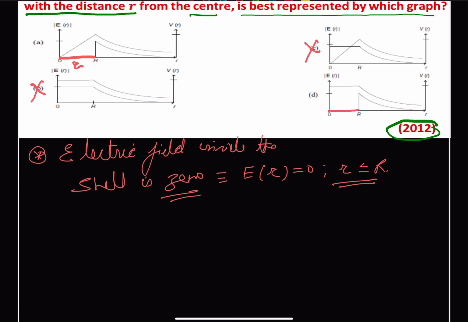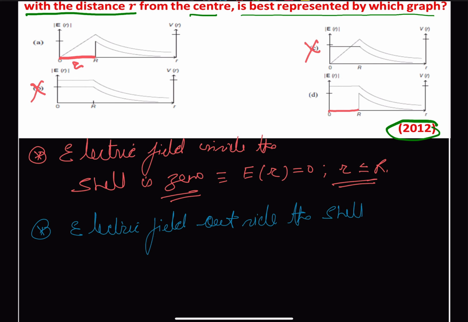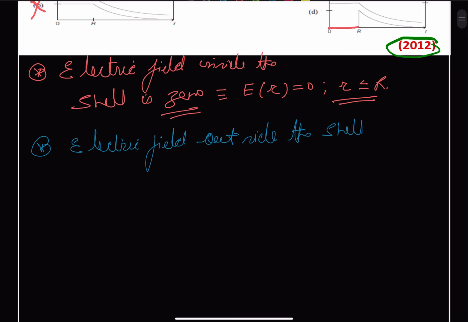Therefore, electric field outside the shell, that is our E of r, will be equal to k q upon r square, and this is for when small r is greater than or equal to capital R, or basically we are only interested in it with respect to radius.